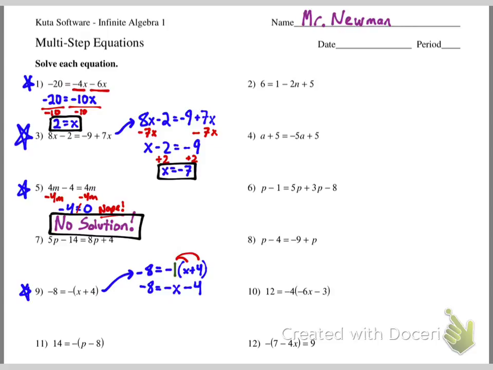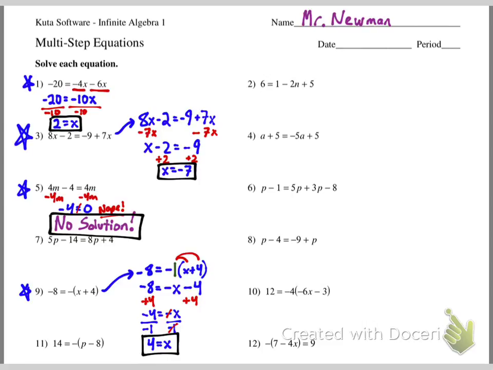Now I need to get x by itself, so I'm going to add 4 to both sides, and I have negative 4 equals negative x, or negative 1x. I'm going to divide by negative 1 to get rid of that negative. You could also multiply by negative 1; it does the same thing. What you end up with is negative 4 over negative 1, which is positive 4. So 4 equals x.